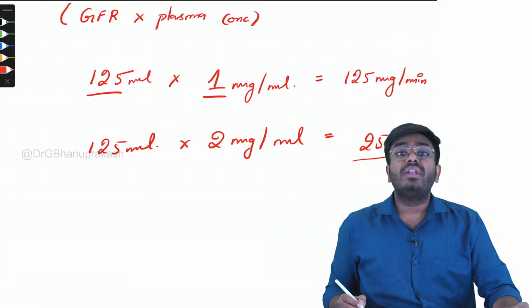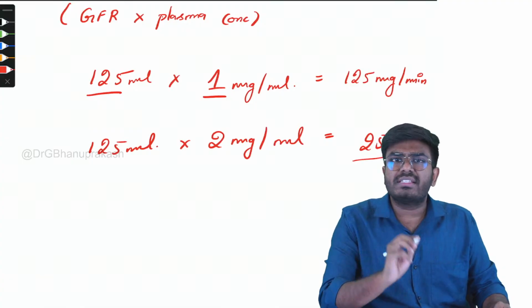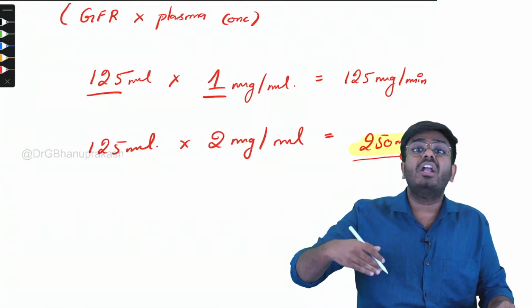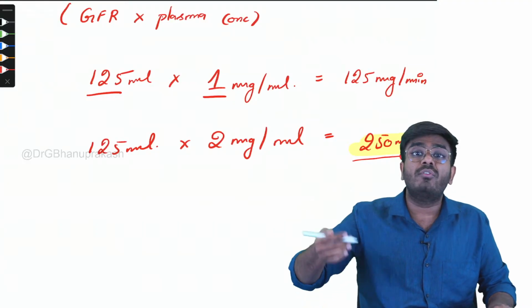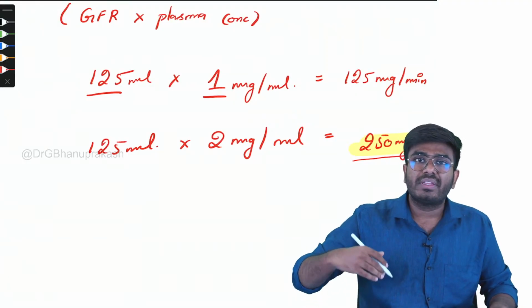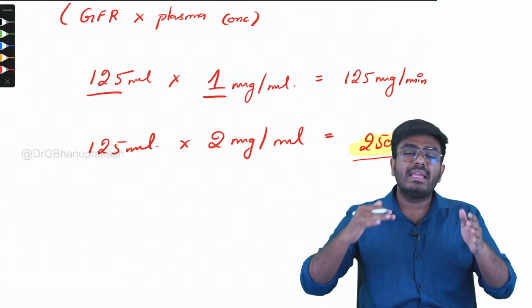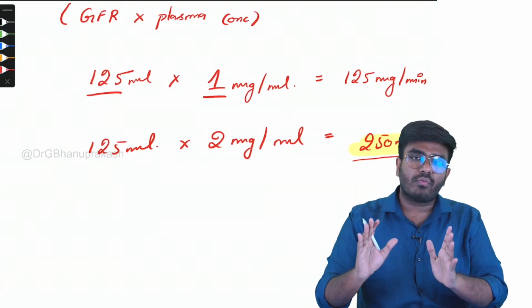So this is the filtered load. From this, we can say that in a diabetic person, the amount of glucose getting filtered every minute is high. More and more glucose is getting filtered into his nephrons.